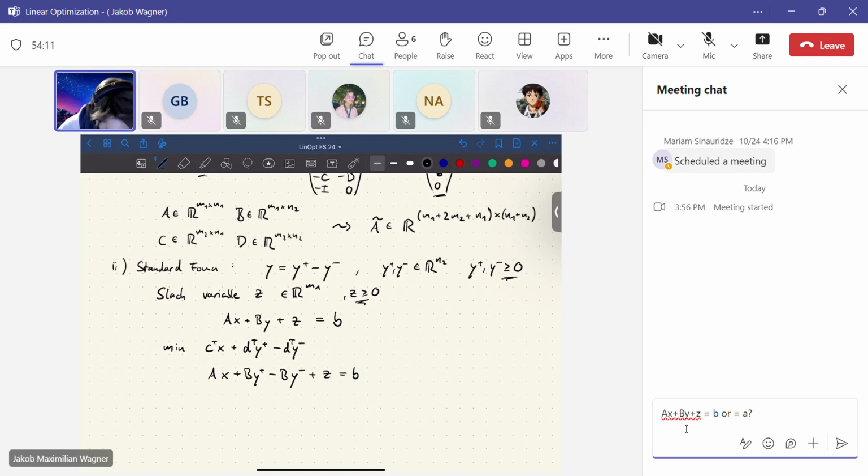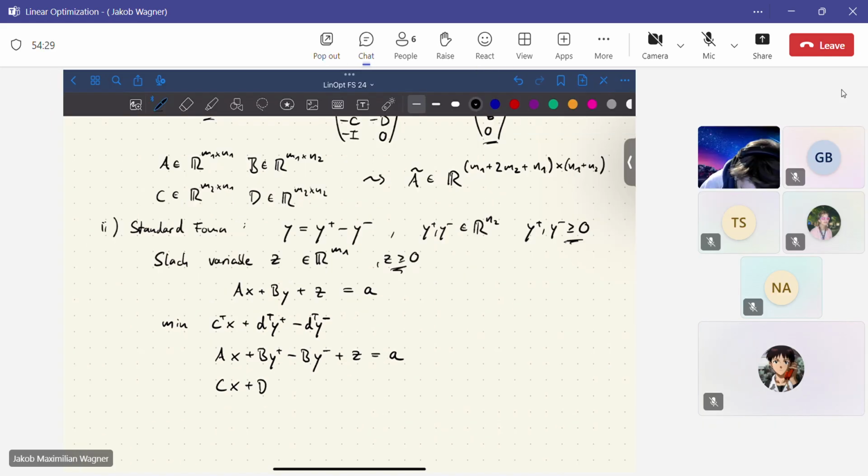This is equal to, sorry, this was called a, and here also a. And we have the original inequality constraints where we don't have to add the slack variable. There we only have to do the splitting in the y's. b. And we have a bunch of non-negativity constraints for x, for y plus, for y minus, and for the slack variable. Those are all non-negative.